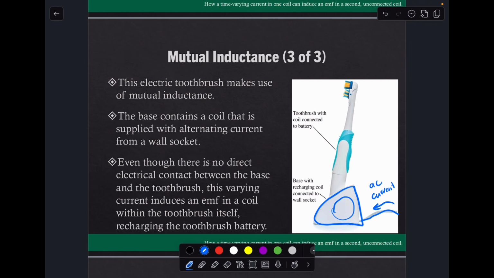That current flows in a circle and creates a magnetic field in and out of the page. You put your phone on top of that, which has its own circle in the back. That changing field produces a current and a voltage in your phone. And then that's the power that charges your phone. Okay, so mutual inductance is used in wireless charging, wireless sensing of conductors, like we saw with the traffic light. A lot of uses.